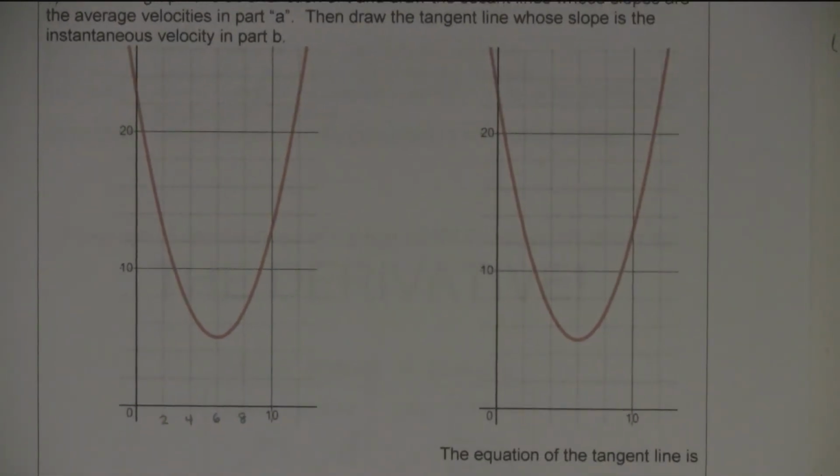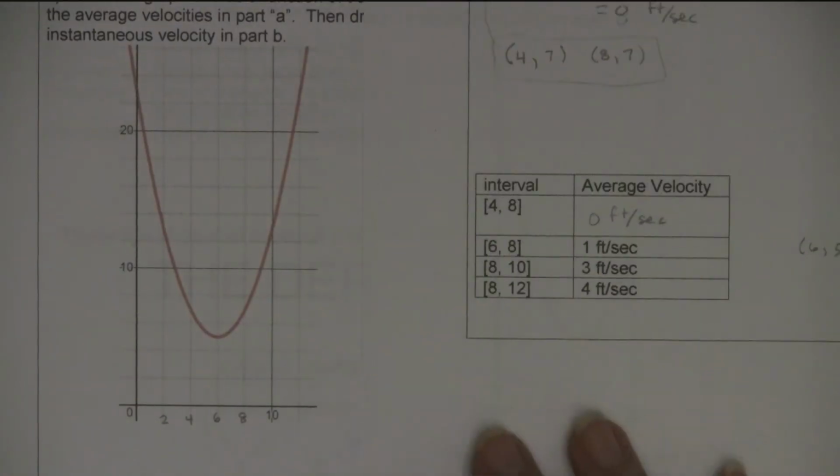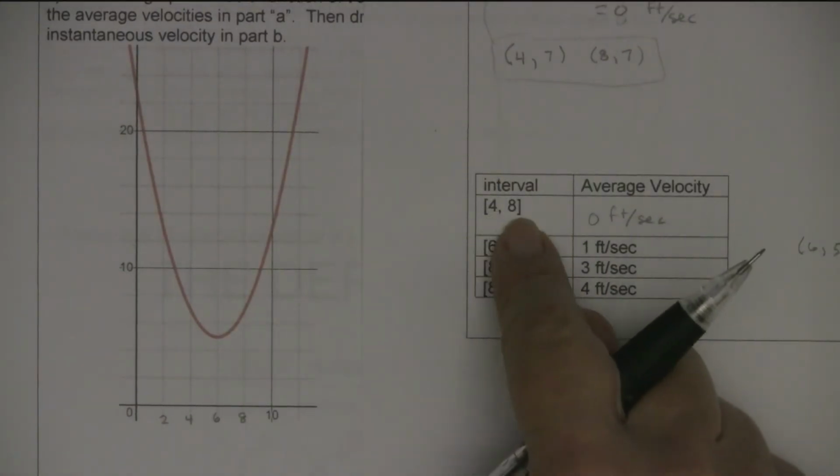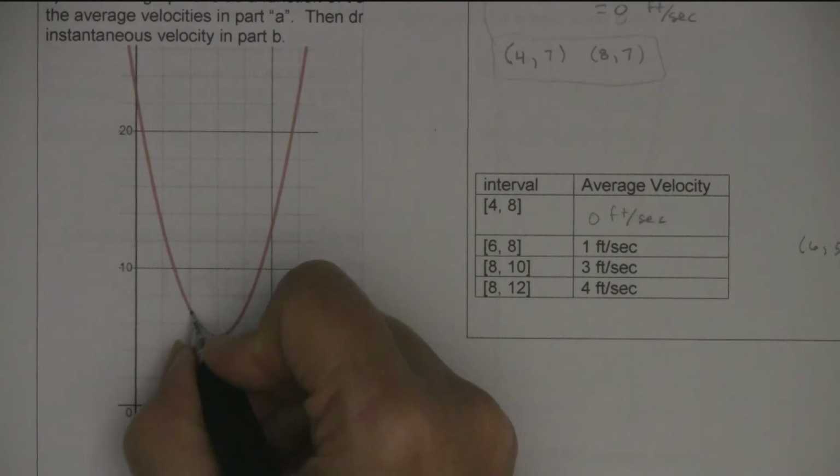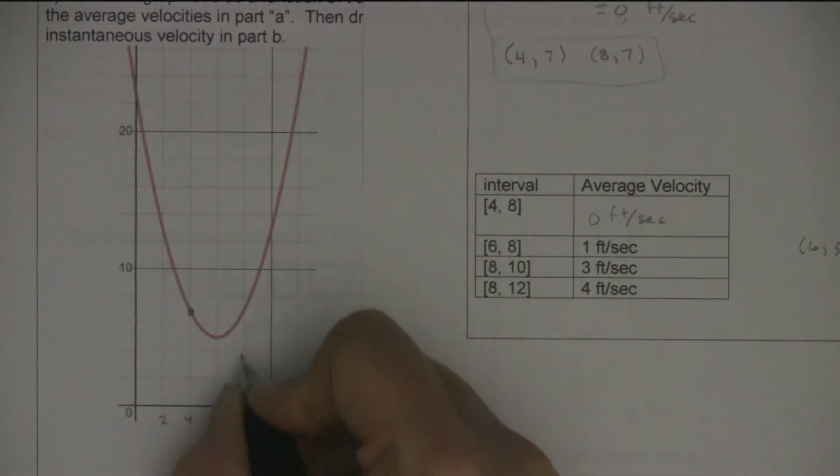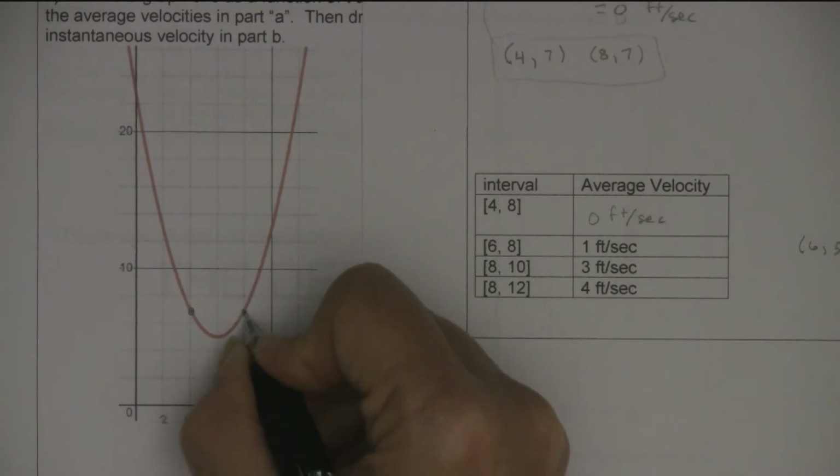I actually got this off Desmos, and we had one that went from 4 to 8. Remember, the interval was 4 to 8. So here I am at 4, and here I am at 8.